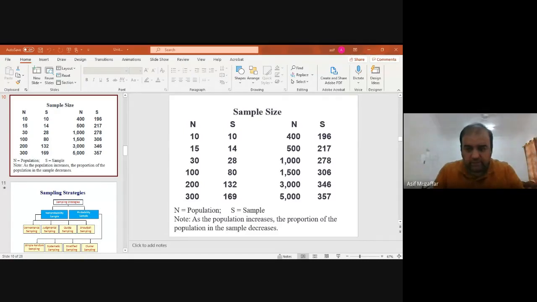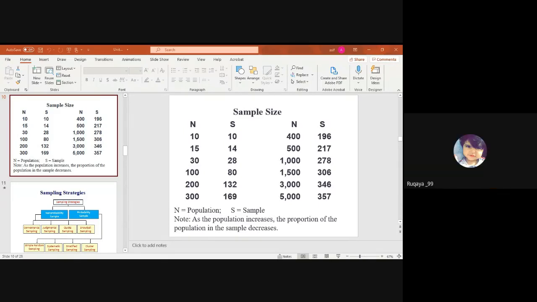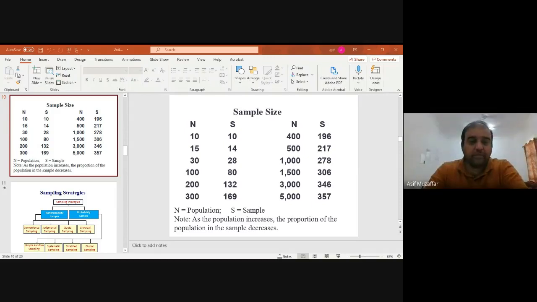And other staff 17. Is it okay? No, because other staff 17 is less than 30. Other staff should have been at least 30. Then it is okay.